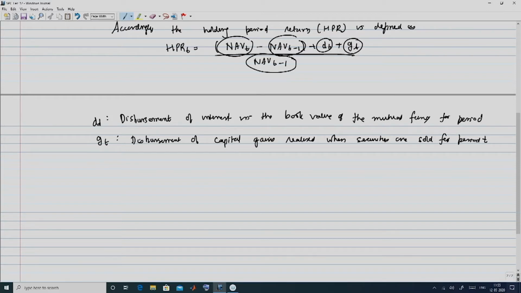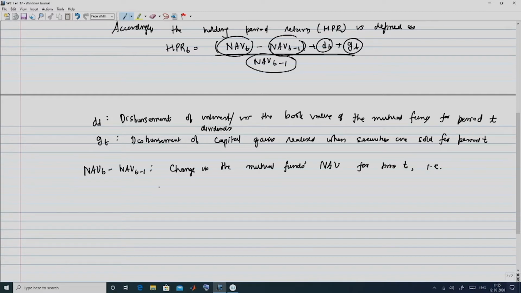So, this disbursement, this also I specify for period t, and this is not only interest, it could also mean dividends. And this NAV t minus NAV t minus 1, this is the change in the mutual fund's NAV for time t.